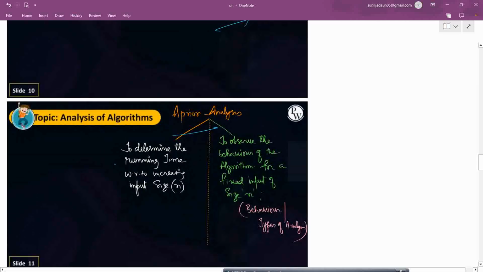A priori analysis is used to determine the running time with respect to increased input size, and to observe the behavior of the algorithm for a fixed input size of n. Now, the types of analysis.